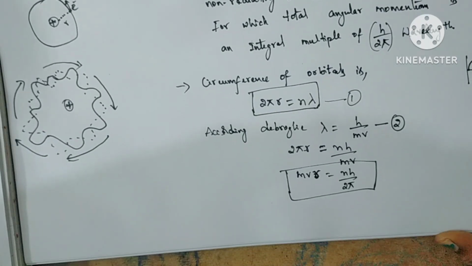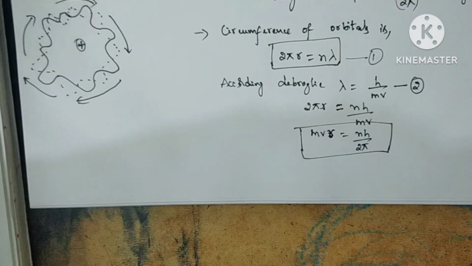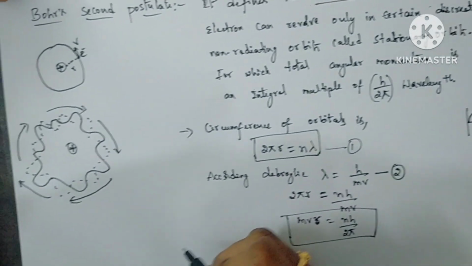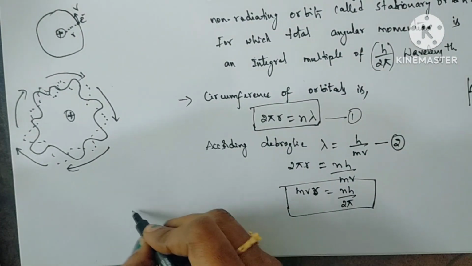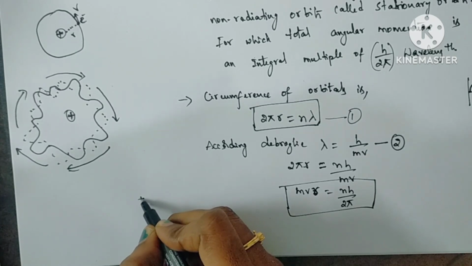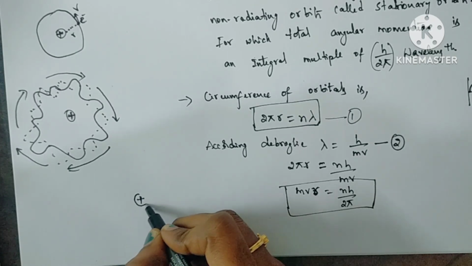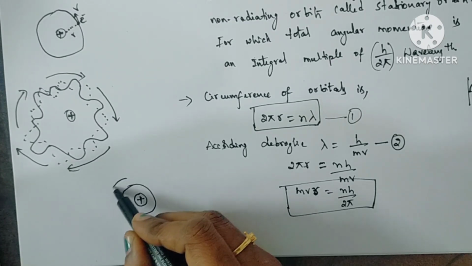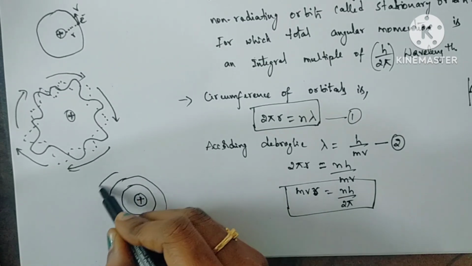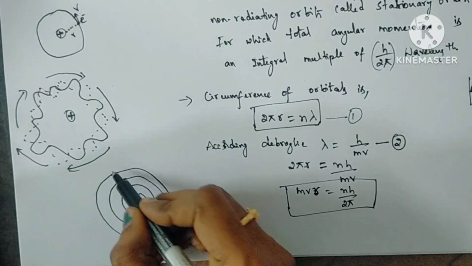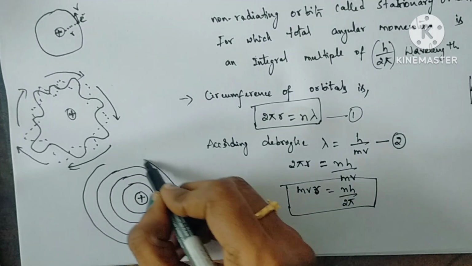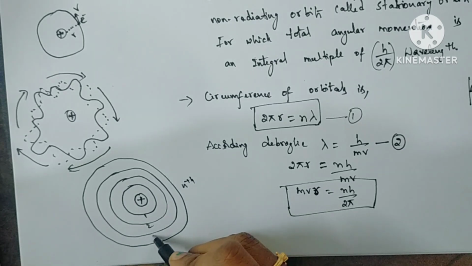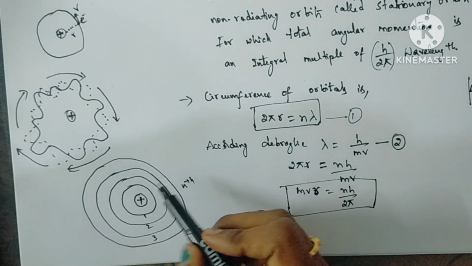I am going to explain it very clearly. This is the nucleus, and around the nucleus I am taking the first orbit, second orbit, third orbit and the nth orbit.